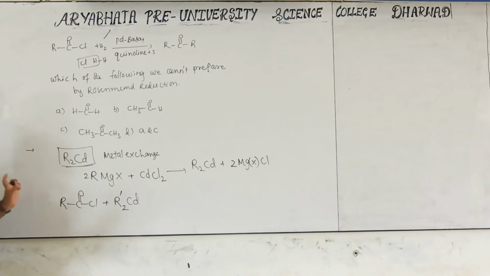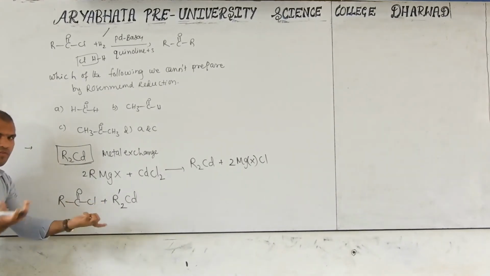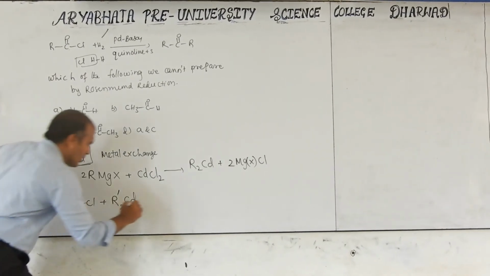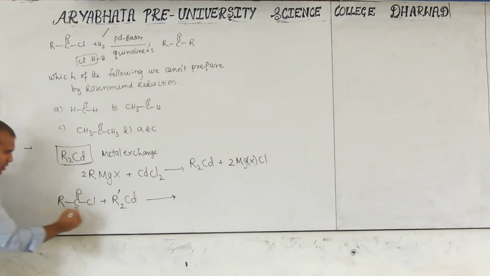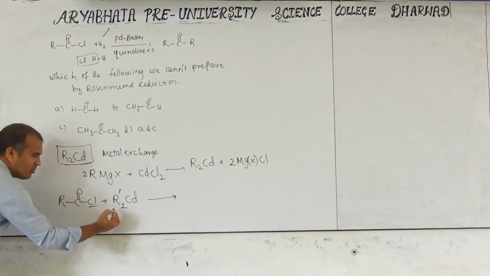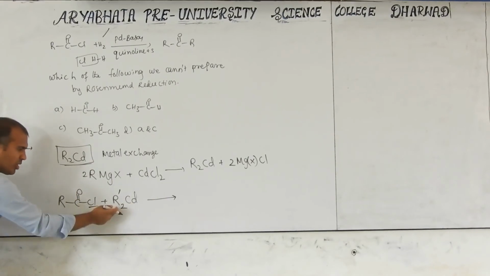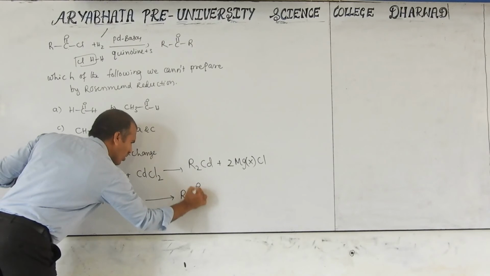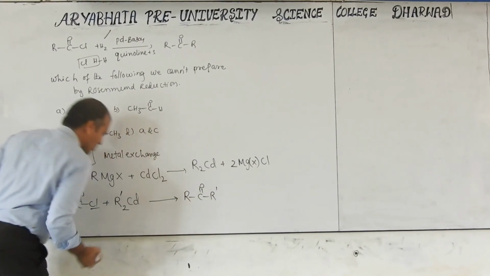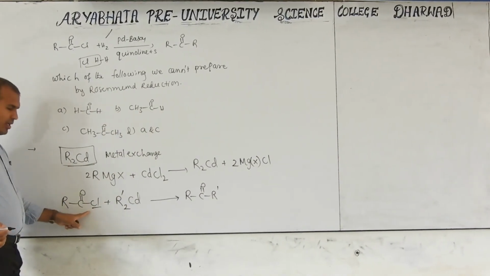Anyway, write R dash because this group may be different or same, that we will discuss. Now, carefully. See, one Cl goes out, and one R will be exchanged here. R, C double bond O, R dash. One R will be added here.